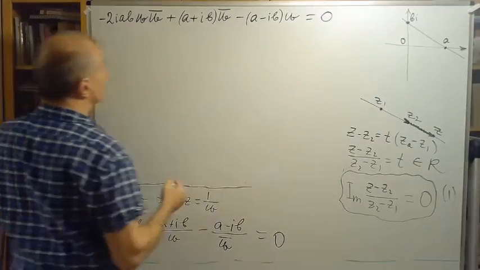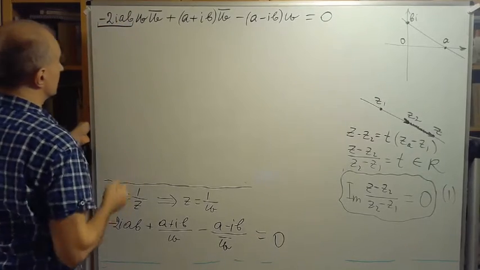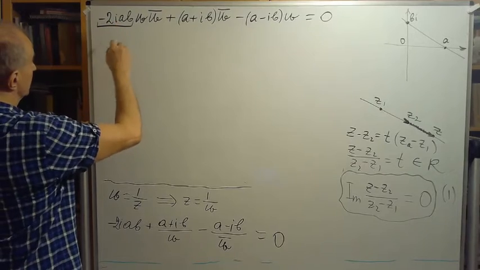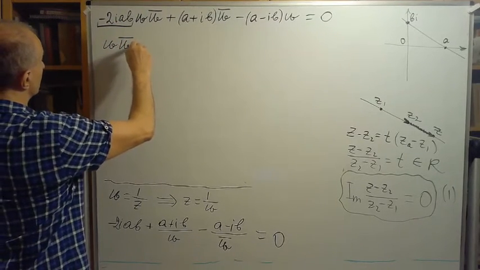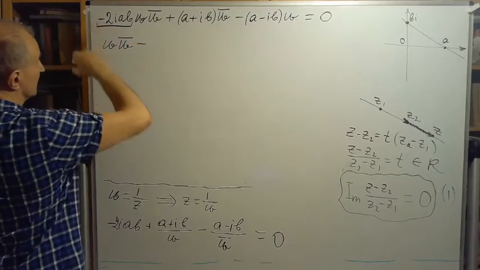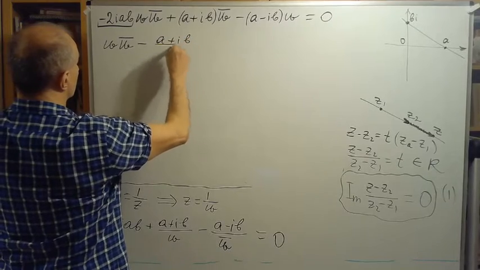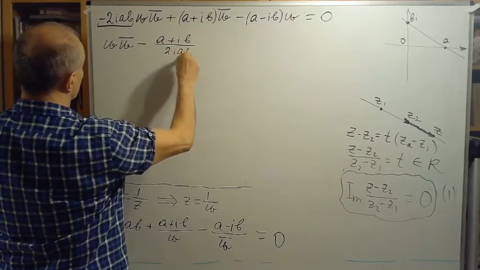Equals to 0. Now, of course, we are trying to get rid of this coefficient before completing the square. So let's divide the whole equation by this coefficient. We'll have W conjugate minus, because of this minus, a plus ib divided by 2iab.